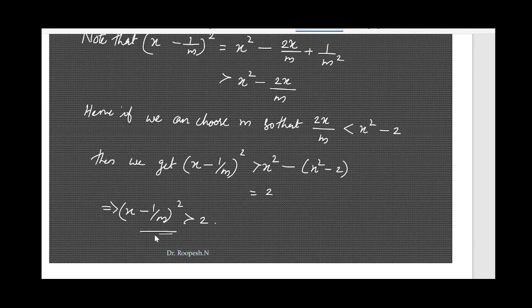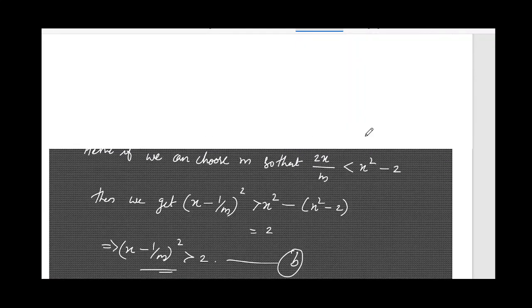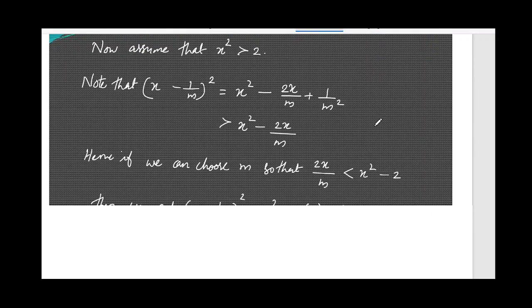So for this as your equation, A or B, right? A we have already used. Now we want to check whether there exists such an m or not, with 2x/m less than x square minus 2. We have already assumed x square greater than 2, and x is the supremum.